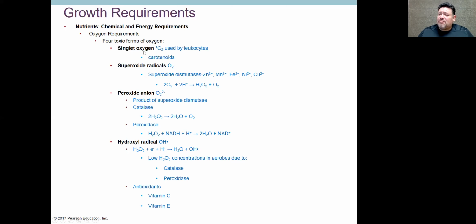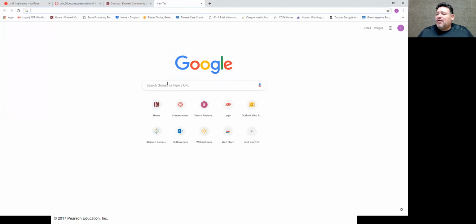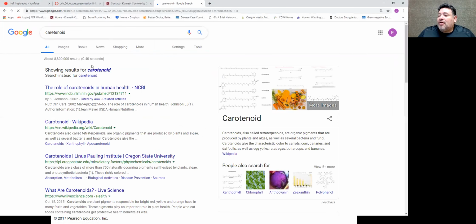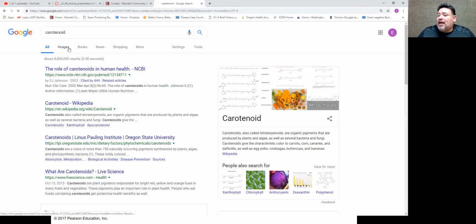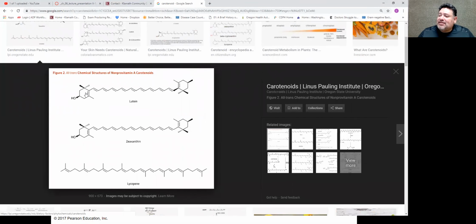Now, how do bacteria and our cells protect against it? We use this thing called a carotenoid. Okay, so carotenoids. Let me bring up one here. And what you'll see is this long molecule that has alternating single and double bonds.